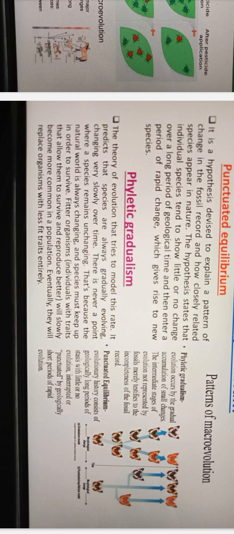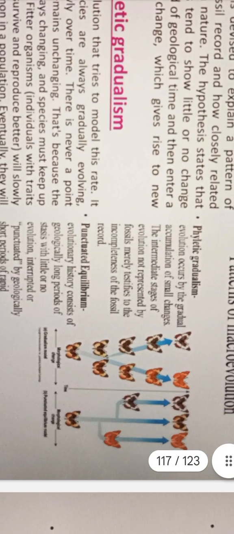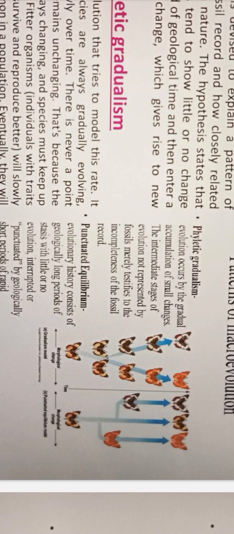Patterns of macroevolution: phyletic gradualism. Evolution occurs by gradual accumulation of small changes.